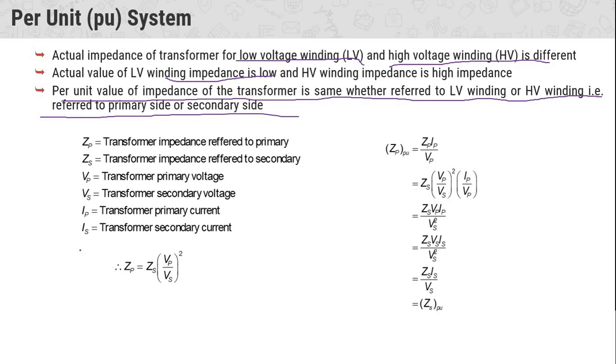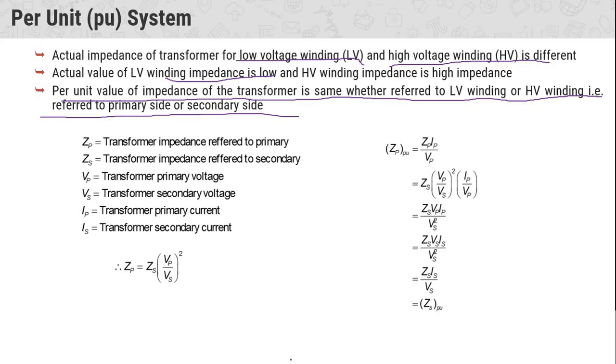Now writing the transformer impedance referred to primary in per unit: ZP in PU is equal to ZP into IP upon VP. Now the value of ZP is equal to ZS into VP by VS whole square into IP by VP. Now one VP cancels out. So in the numerator it becomes ZS into VP upon IP, and in the denominator VS square.